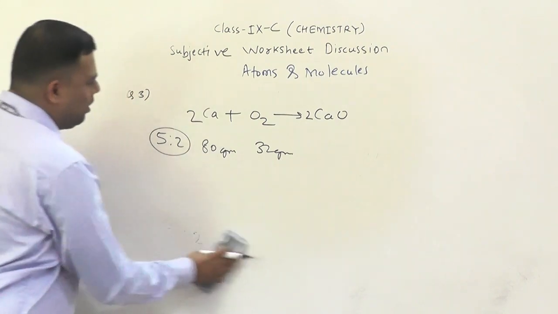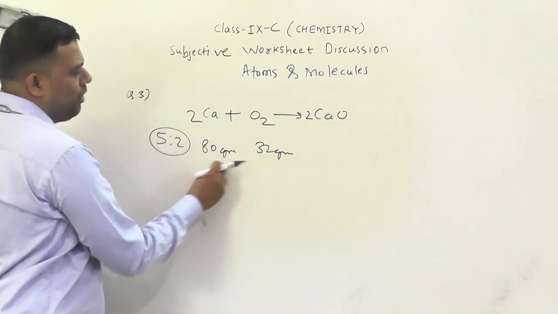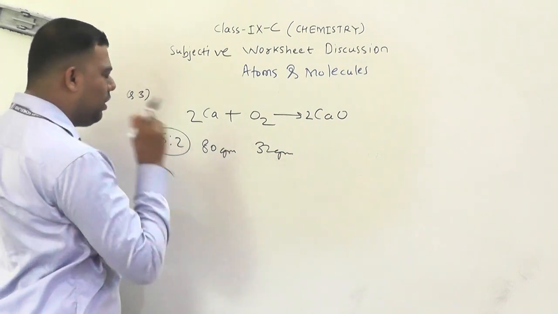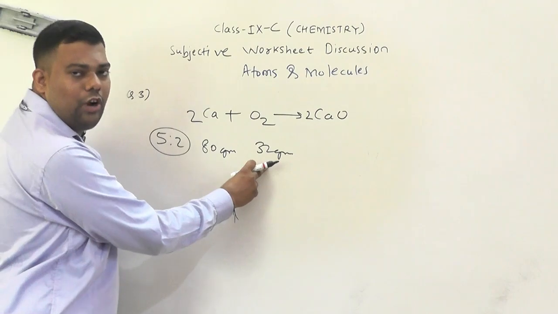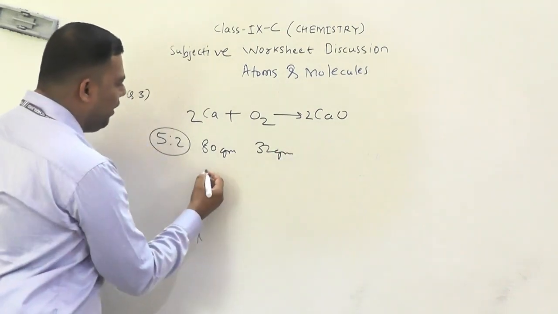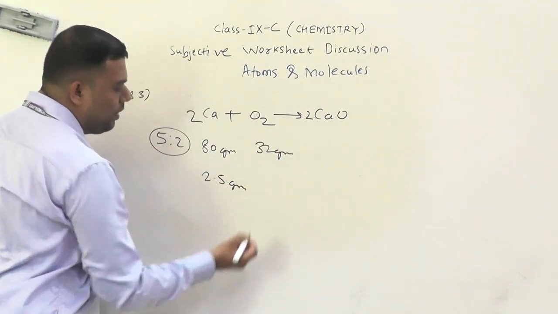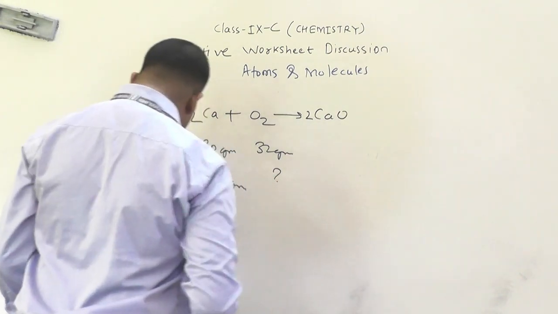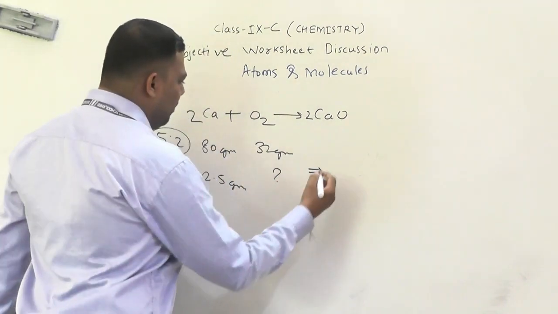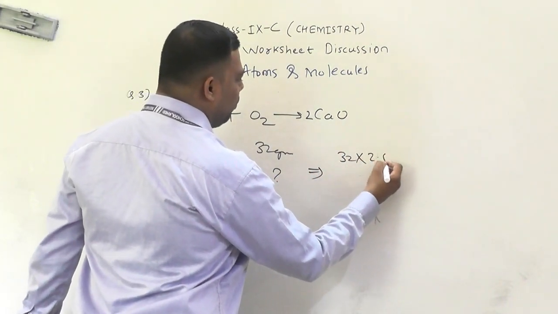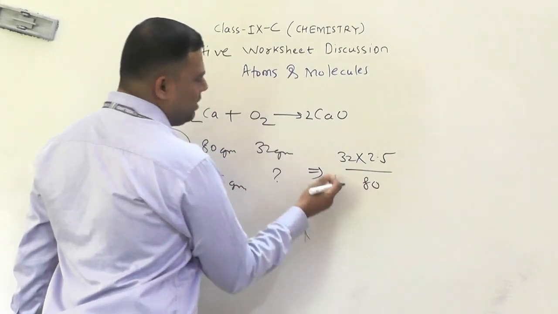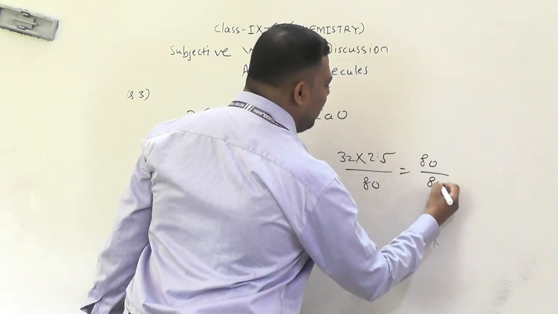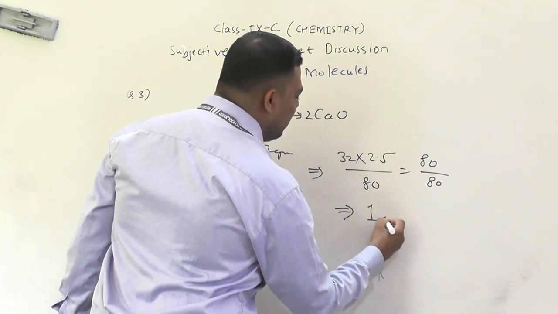Simply here we got a ratio. When 80 gram of calcium reacts with 32 gram of oxygen, you get CaO. But when 2.5 gram reacts, how much O2 will be required? For that we have to do cross multiplication: 32 into 2.5 divided by 80. 80 by 80, so how much do you get? 1 gram.